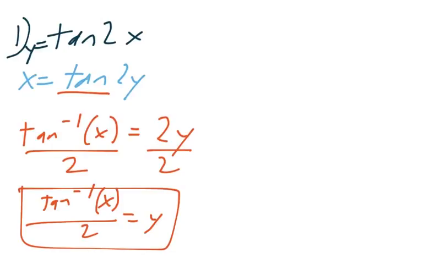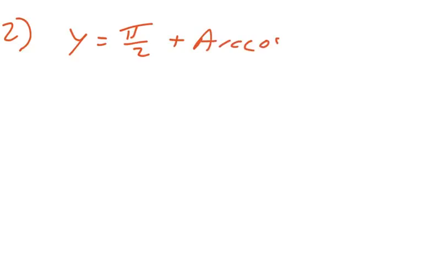For problem number 2, we got y equals pi over 2 plus the arc cosine of x. So x equals pi over 2 plus the arc cosine of y.